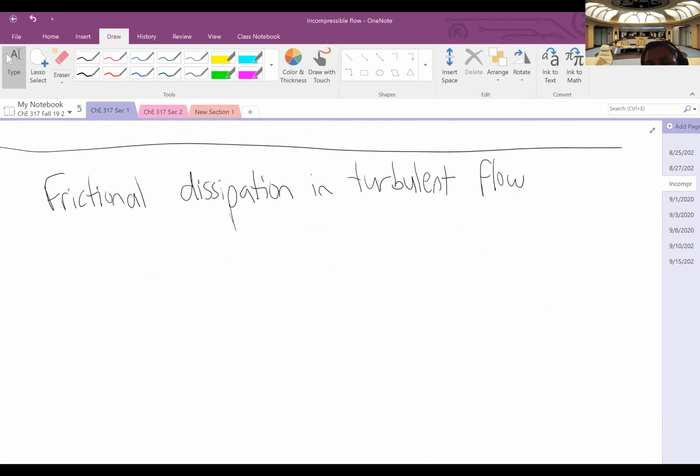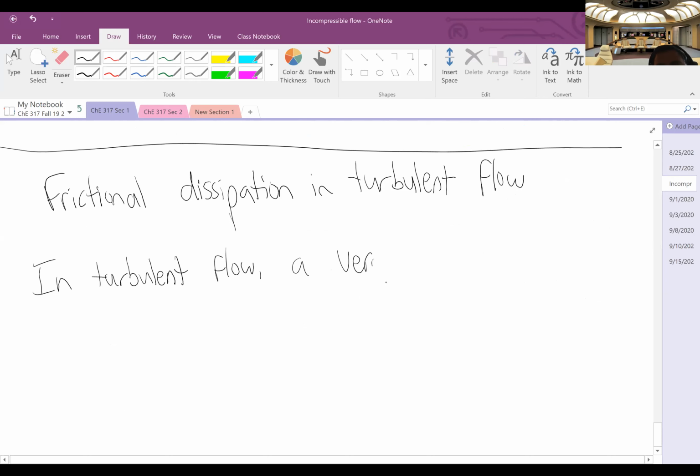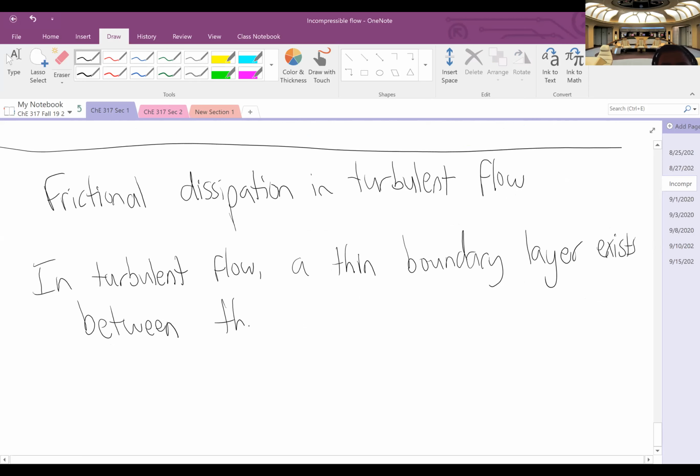In general, in turbulent flow, a thin boundary layer exists between the wall and the majority of flow.